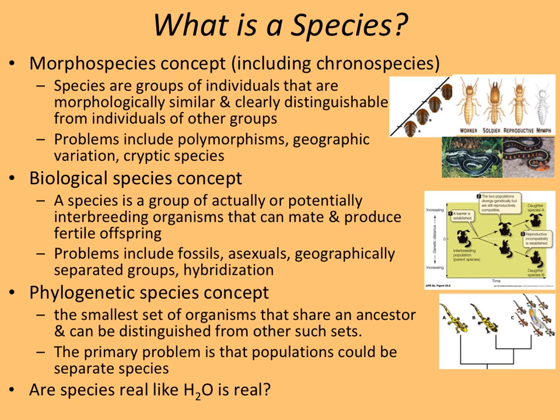I mean, we don't have direct evidence of that. This concept doesn't deal well with hybrids, where there's two different species that hybridize and might even actually create viable hybrids. Okay, so there's some problems with it, but it is the one that we use most of the time.